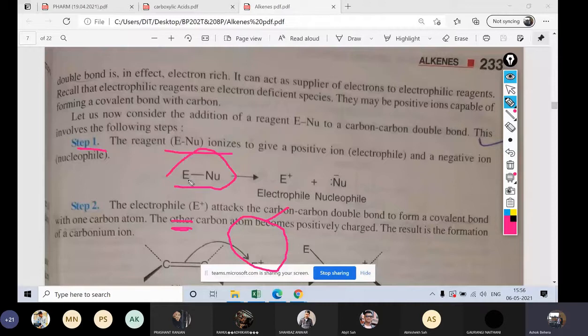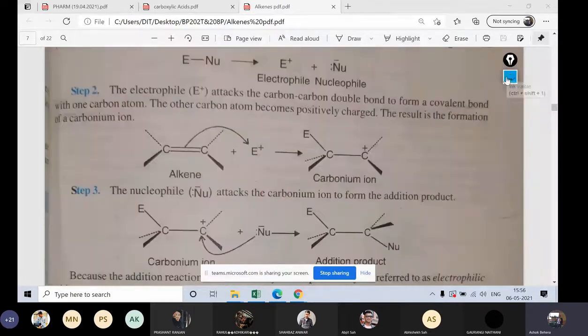One is E, meaning electron, okay, electrons are negative, so it has to be positive. E plus and Nu minus, right? Electrophile, nucleophile, electron loving, nucleus loving, right? Next, what is the second step? The second step is the attack of the electrophile, because this is the electrophile, no?